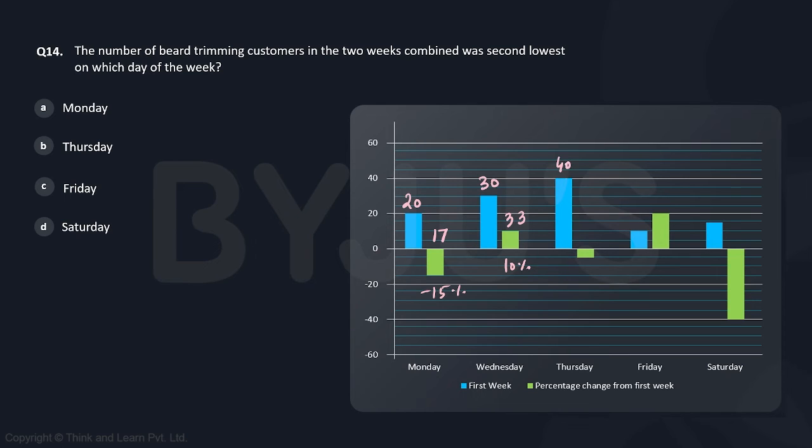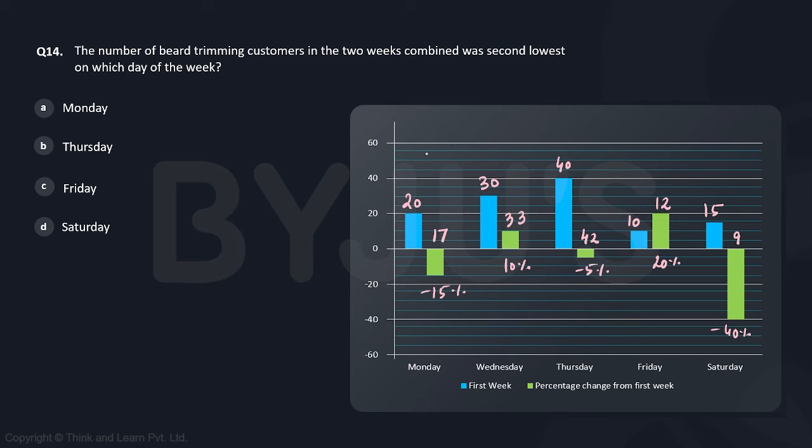It was 40, we just calculated it, decreased by 5%. So that means it became 38. Similarly, here it was 10. Next week it increased by 20%. 10 plus 20% of 10 is equal to 12. And lastly, it was 15, but it decreased by 40%. So 15 minus 40% of 15, that is 6 subtracted, it becomes 9.